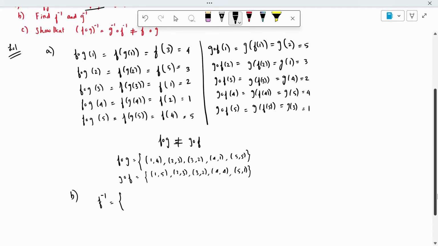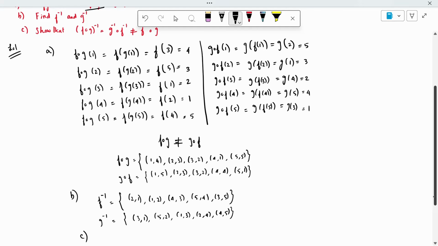F inverse is nothing but (2,1), (1,2), (4,3), (5,4), (3,5). Same way G inverse is (3,1), (5,2), (1,3), (2,4), (4,5). So the second subdivision is also completed.